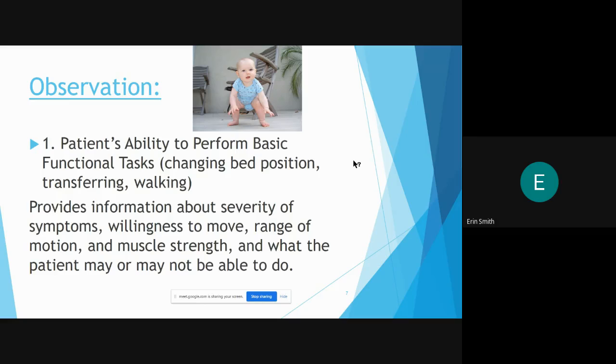Or are they winded? So like I said, a lot of different assessments can be taking place before you're even doing anything specific with your patient, just by watching them walk from the waiting room to your treatment area.